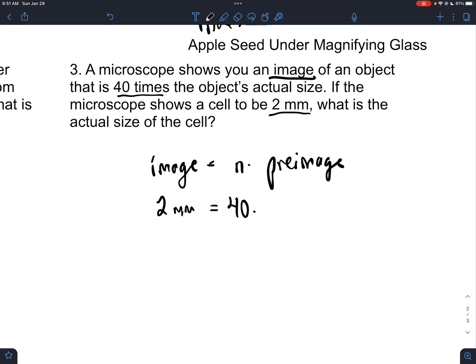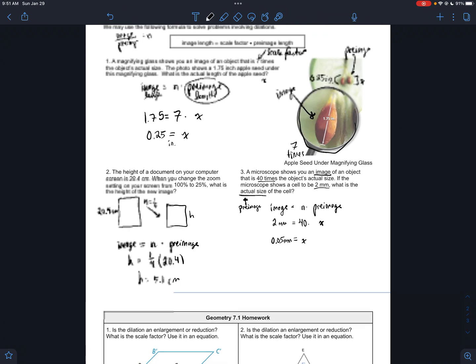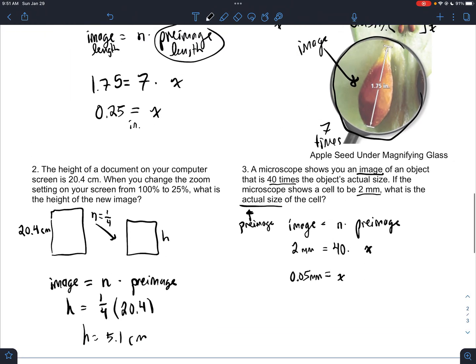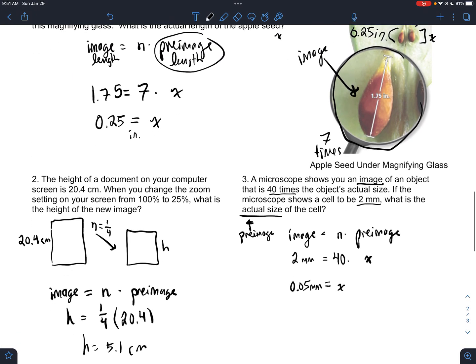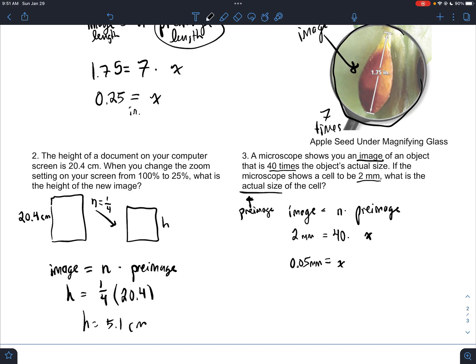So we multiply the pre-image by 40 to get 2, and it's asking what is the actual. Typically actual is going to be our pre-image, so we'll call that x again. If we divide by 40, we get 0.05 millimeters. Please ask me if you have questions, but this is just an overview.